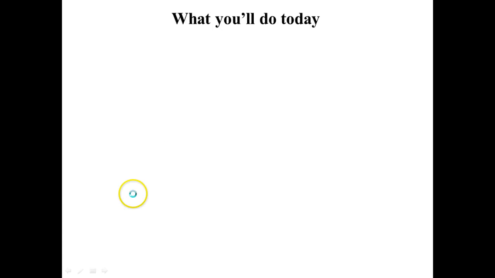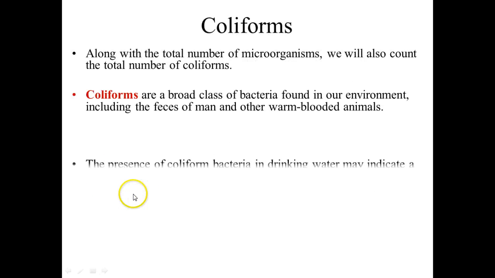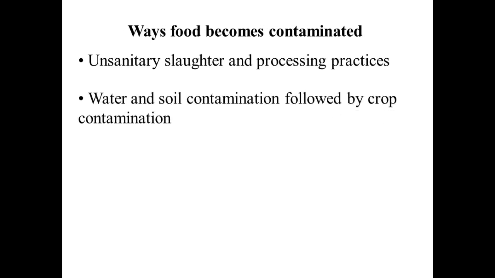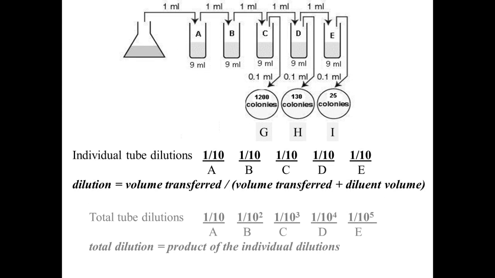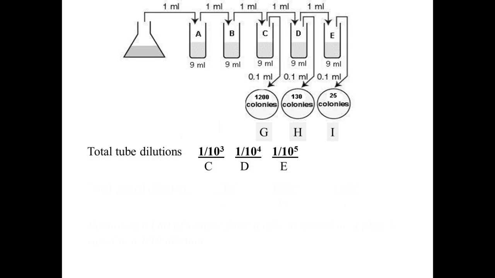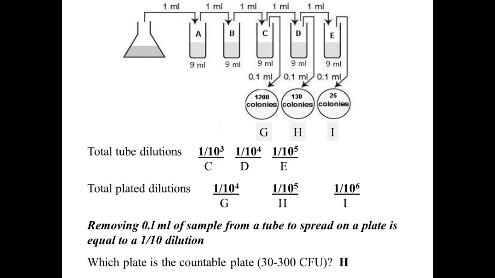So I'm going to go to an actual picture. Read over this stuff because I will talk about it next time. So notice here the number of colonies are written on the plates. Which one is between 30 and 300? H, because it's 130.